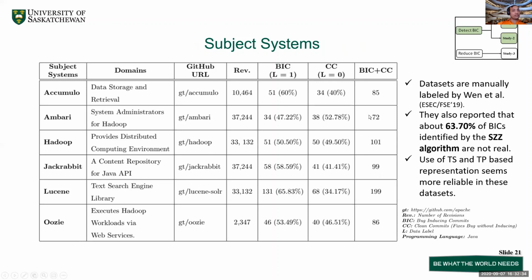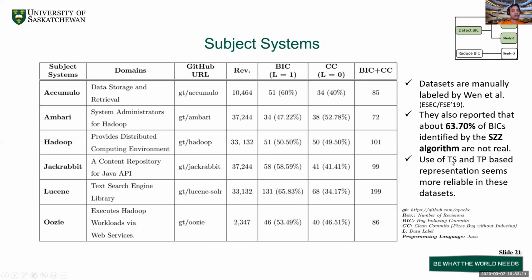They published these datasets from manual investigation, and they also showed that the identification of bug-inducing commits is usually done using the SZZ algorithm, but the identified bug-inducing commits using the SZZ algorithms were not reliable in 63.7% of the cases they investigated.